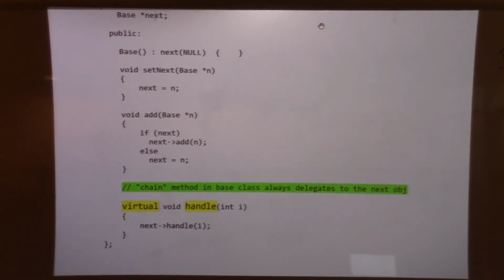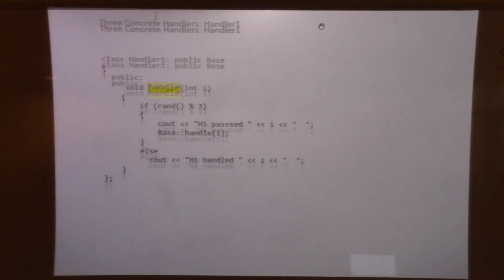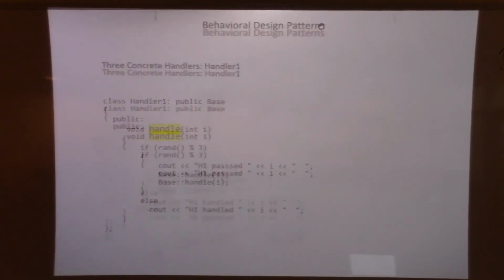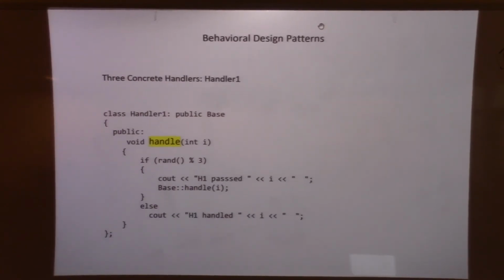I'm going to pass the job. But if the condition modulo 3 is false, I'm going to say H1 handled this job. So with a 2/3 probability, I'm going to use my inherited passing method, and with 1/3 probability, I'm going to actually handle it. Because I'll return, right?